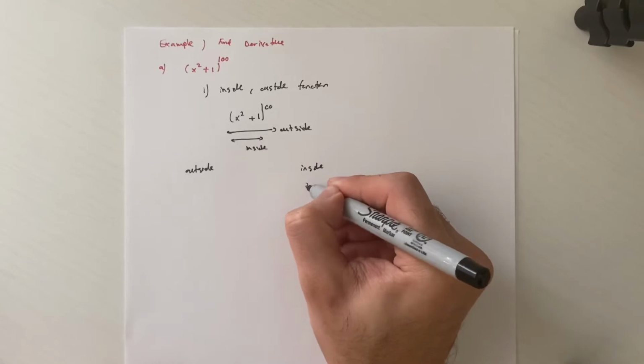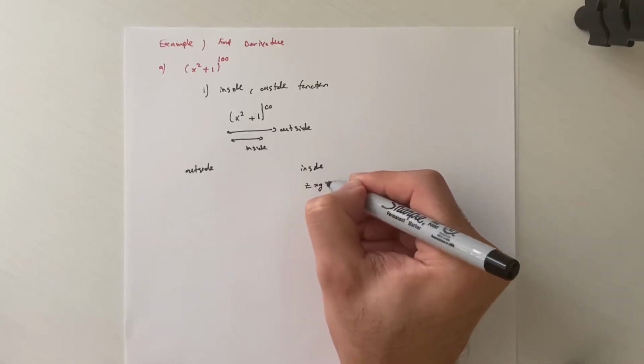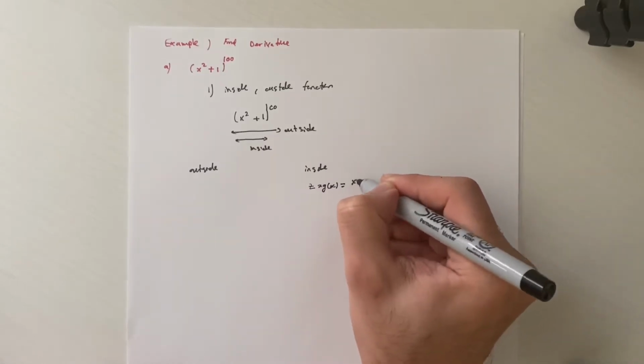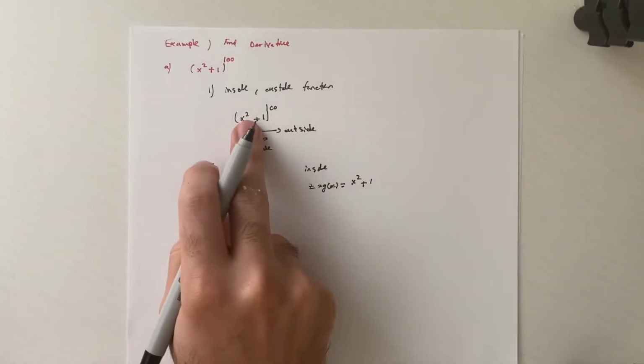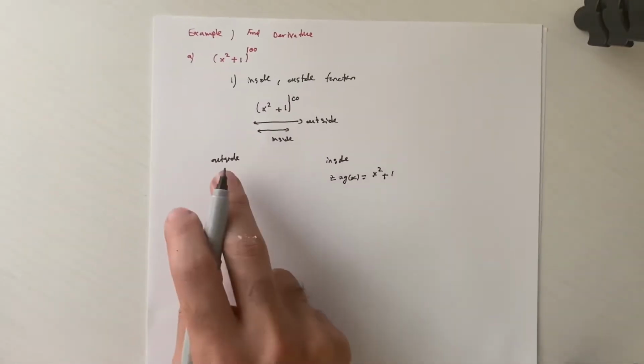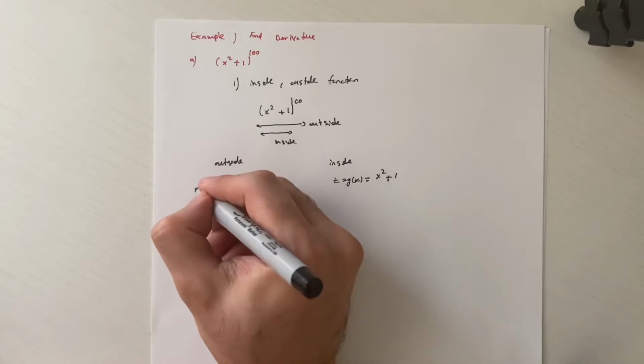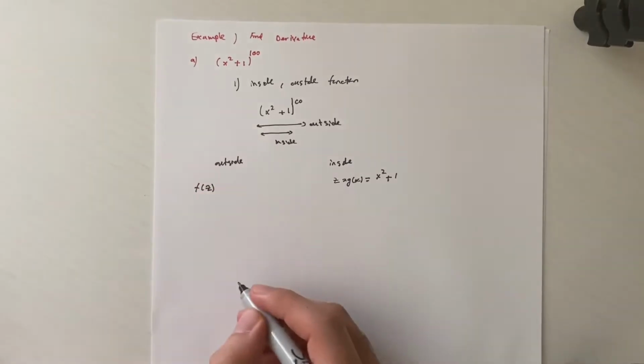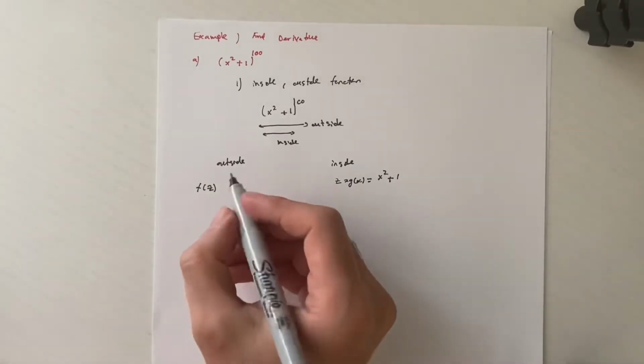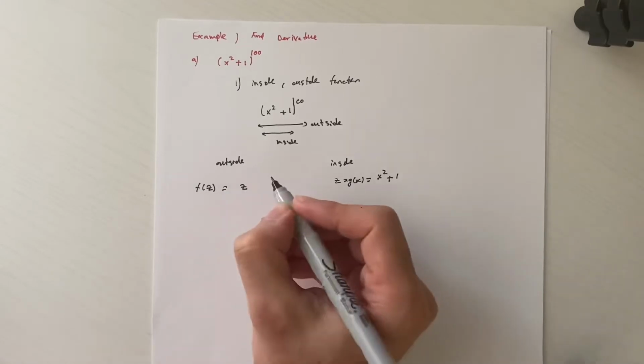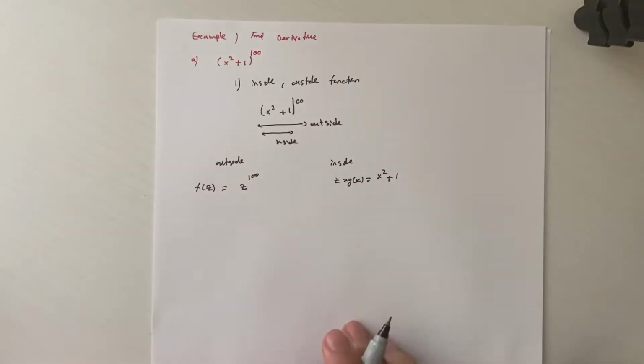So the inside function is z equal g of x, which is x squared plus 1, and then the outside function we write in terms of z. What's between the parentheses is just z, to the power 100.